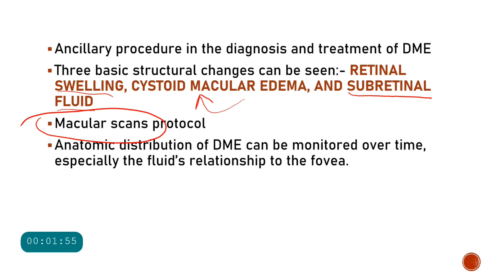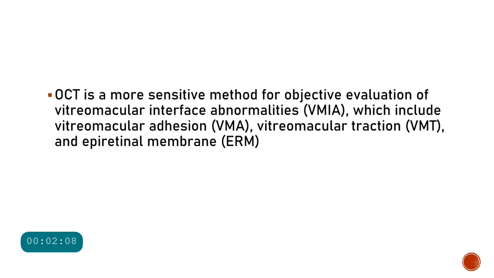And the anatomical distribution of DME can actually be monitored over time, especially where exactly the fluid is present and what is the relationship of the fluid to the retina that can be found in the OCT. So OCT is basically a very sensitive method for objective evaluation of the vitreomacular interface abnormalities.